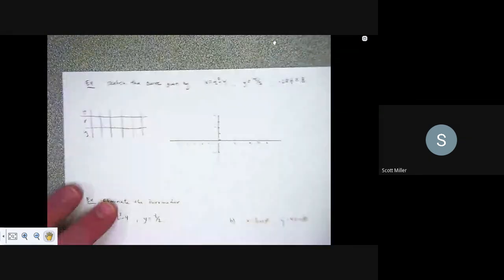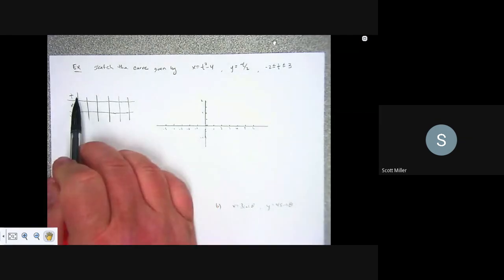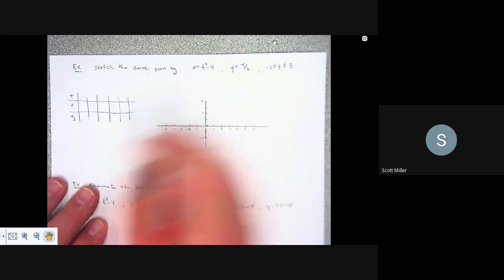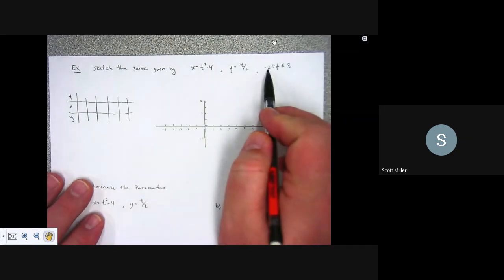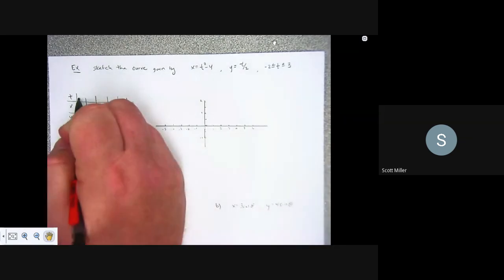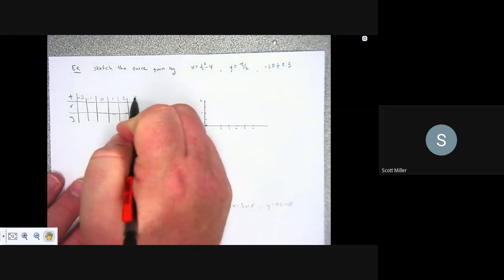So we're going to graph that. Just like we said, we're going to plug in values for t into these equations to get an x and a y associated with it. So t goes from -2 to 3, and we're going to plug in all the integers between.